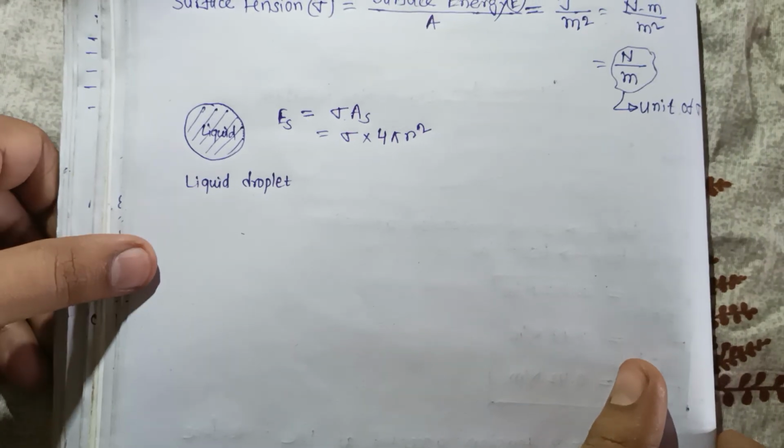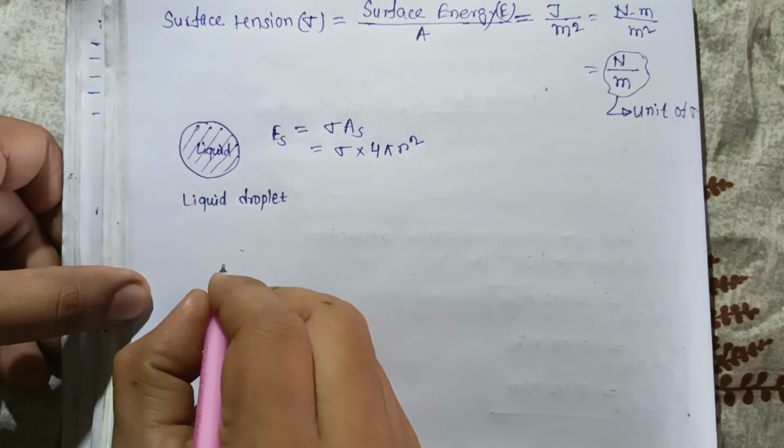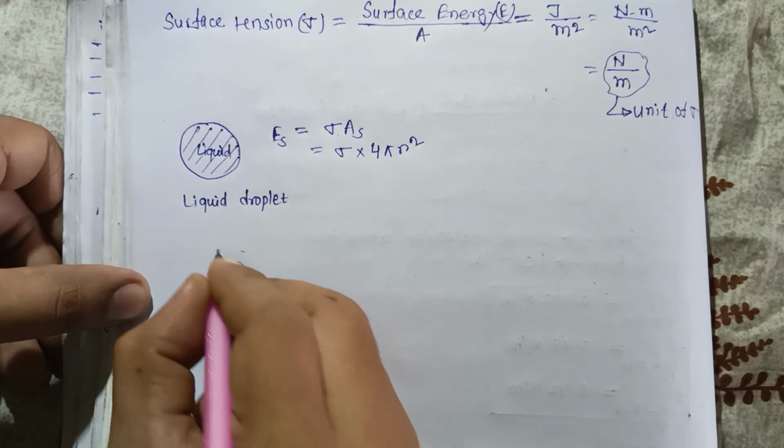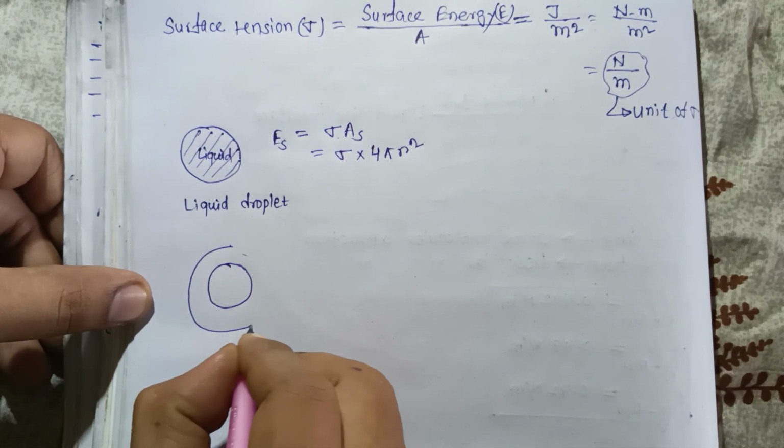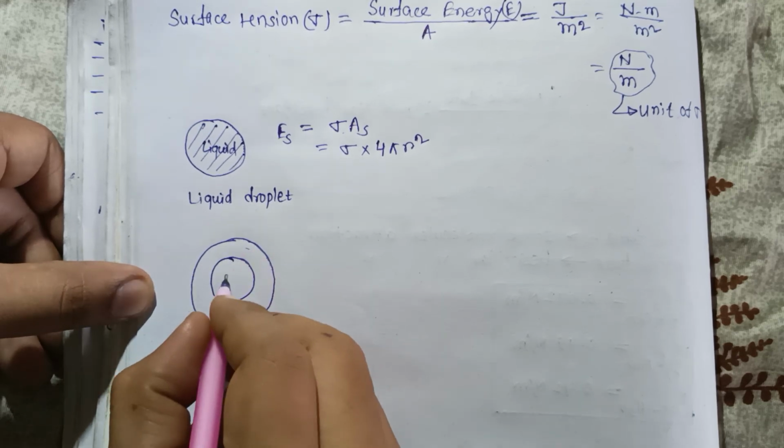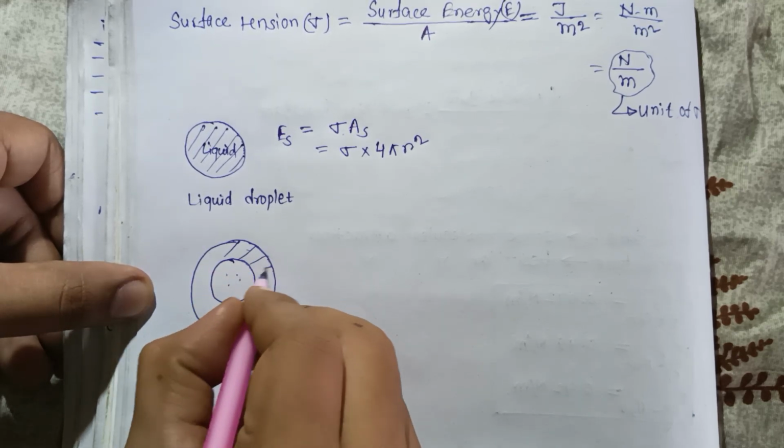And suppose we consider a soap bubble. There is air inside and there is a layer.